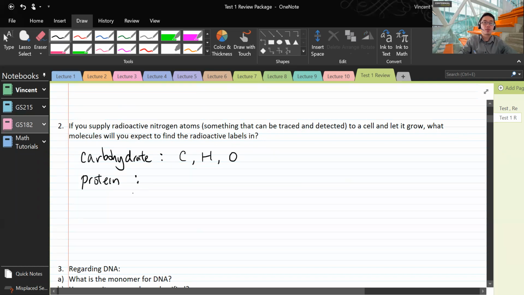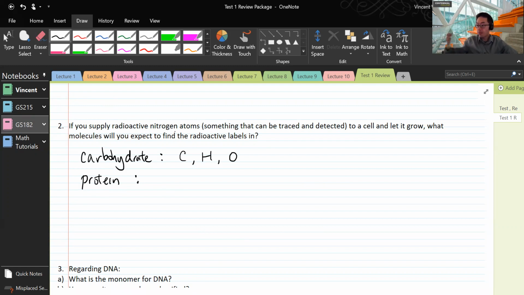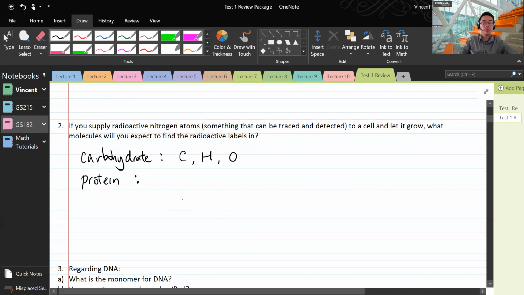What about proteins? Okay. What are the elements that we can find in proteins? Anybody? There's carbon, there is hydrogen, there's oxygen.